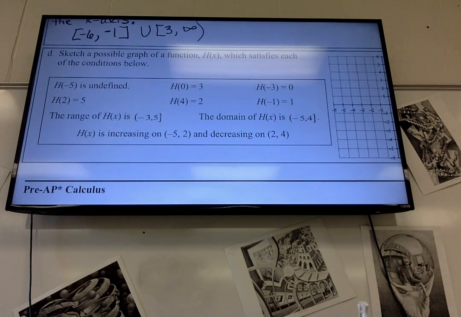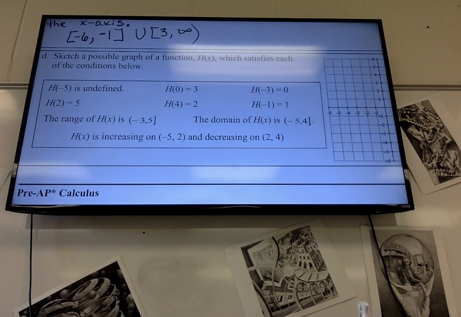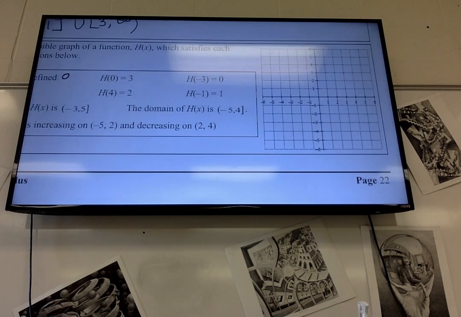Okay, so for this, sketch a possible graph of a function h of x which satisfies each of the conditions below. h of negative 5 is undefined. So I don't know where it is. I'm going to leave that blank for right now. It's probably going to be an open circle or something. h of 2 is 5. So that means I go to the right 2 and up 5.